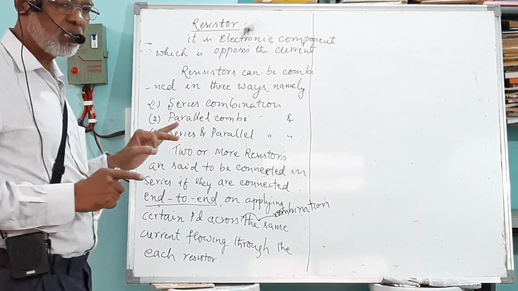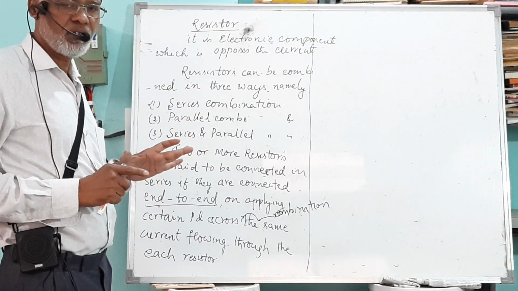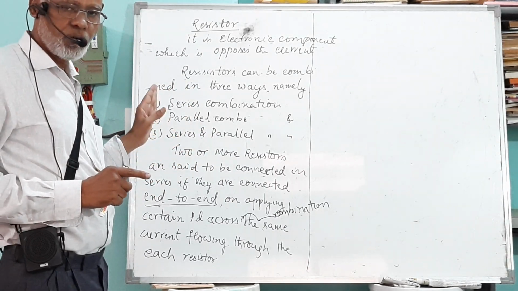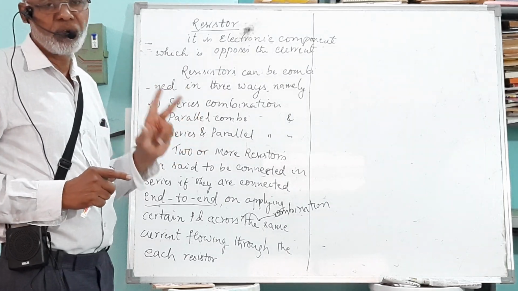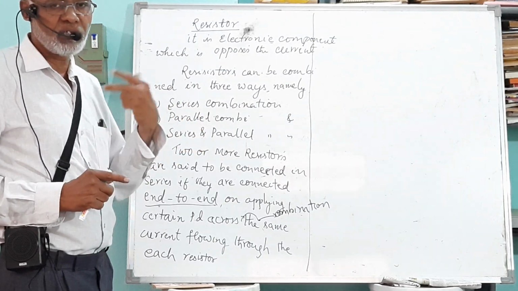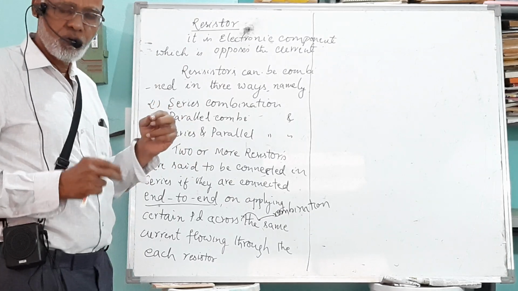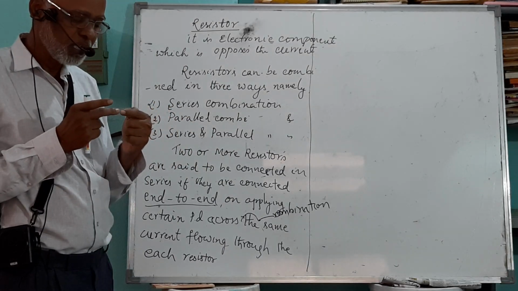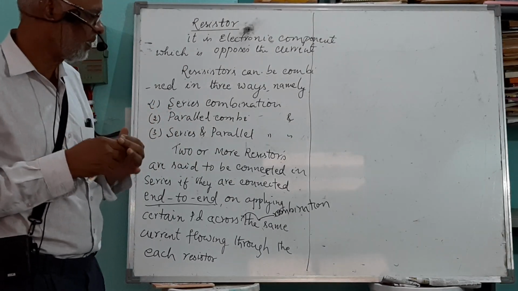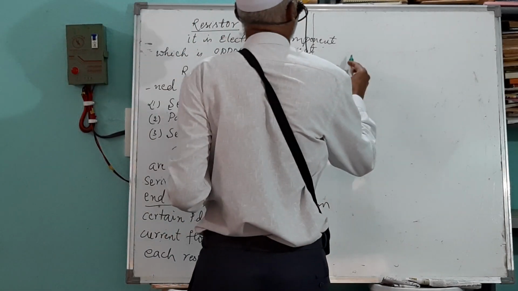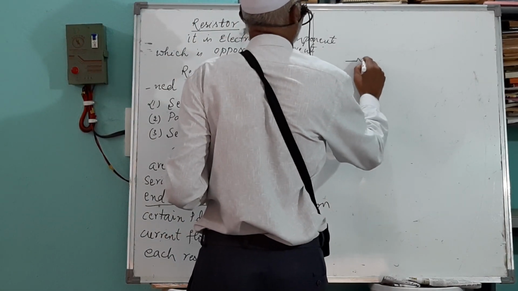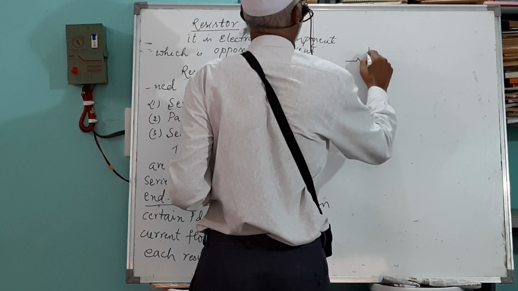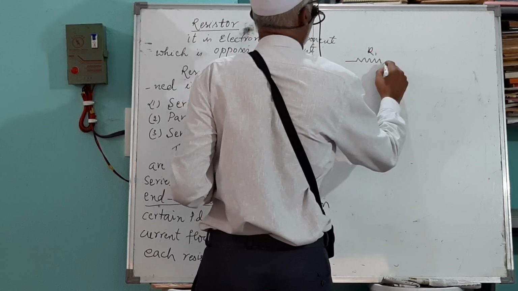The basic feature of the series combination of resistors is that you take two or more resistors, minimum two, and maximum there is no limit. One end of one resistor should be connected with the other. Say the circuit symbol for the resistor is a zigzag line, and this is R1.